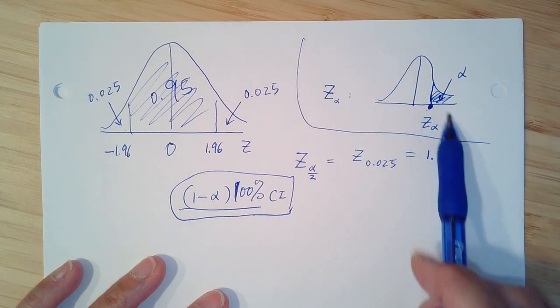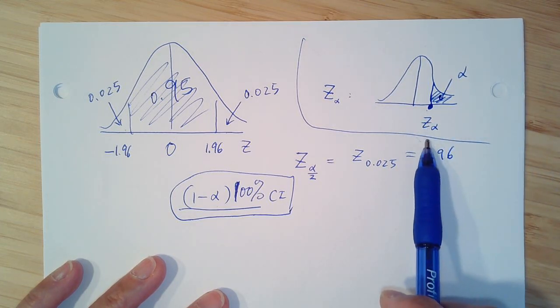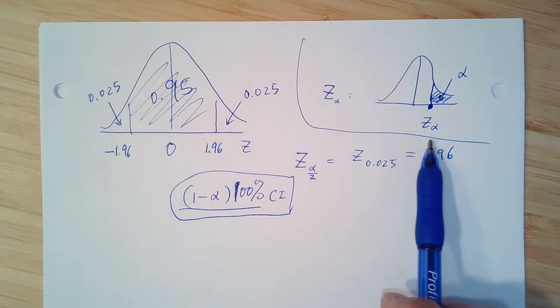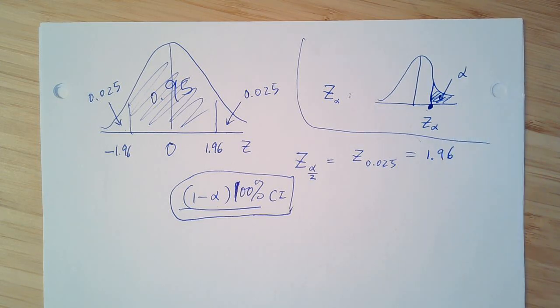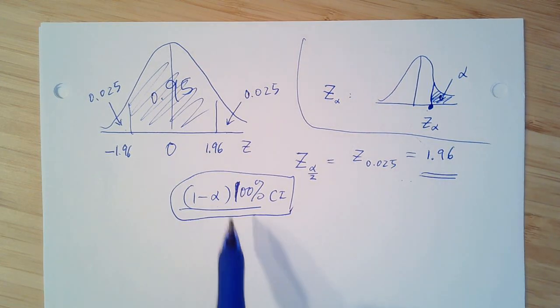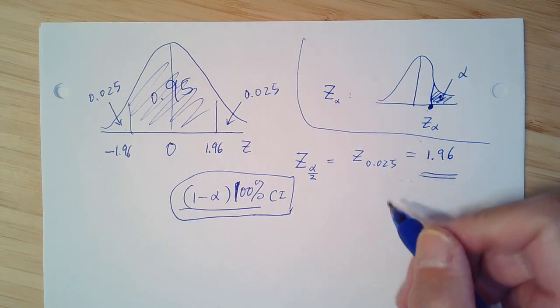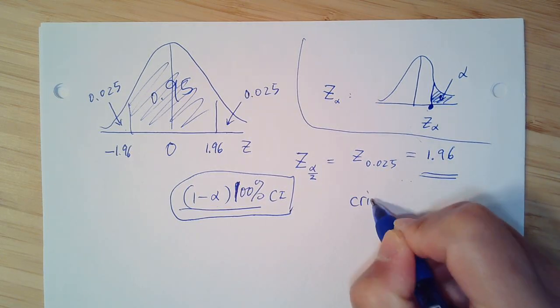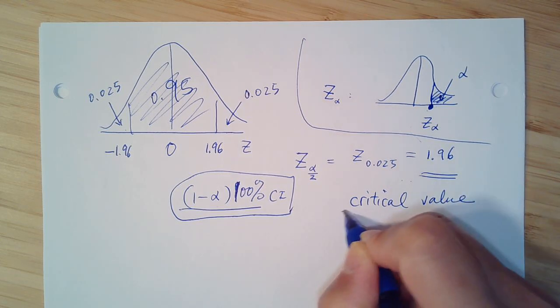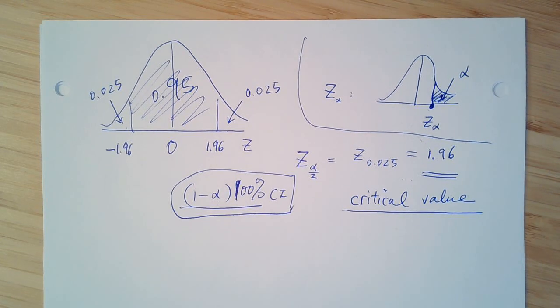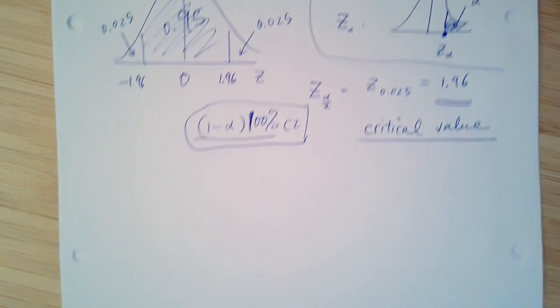The way we write that is z with a little number at the bottom corner, and that alpha shows the area to the right of that z-score. So this is how you find the 1.96 and negative 1.96. We call that the critical value.